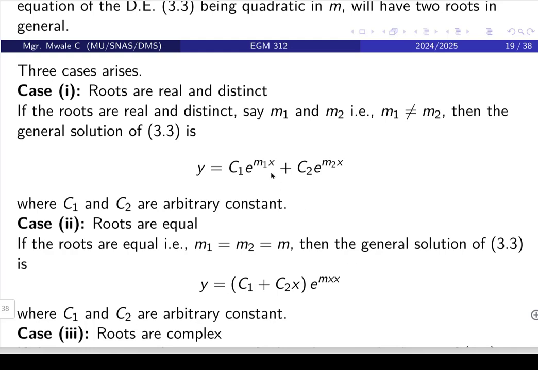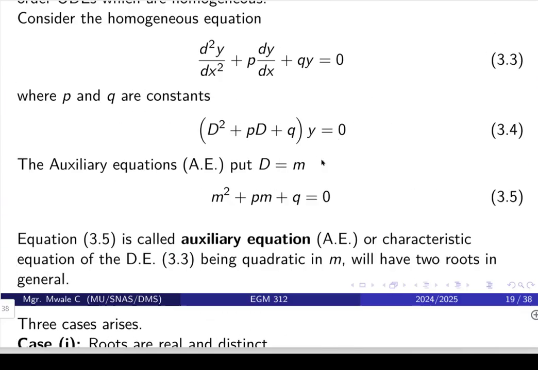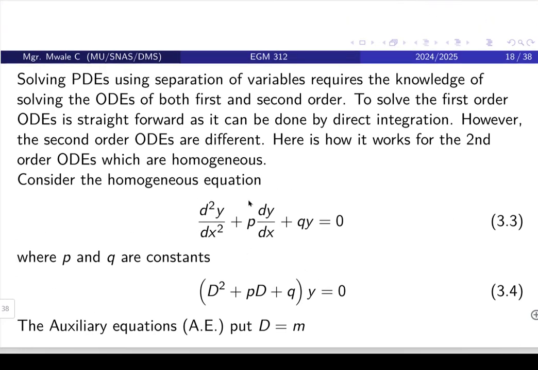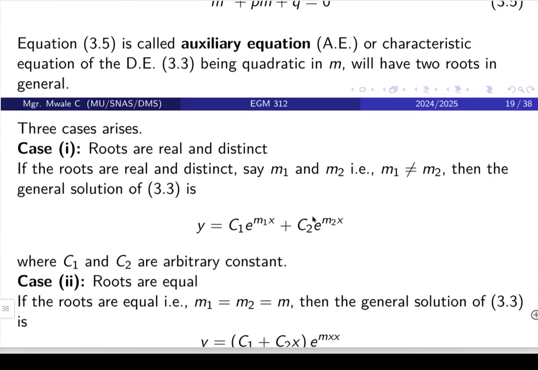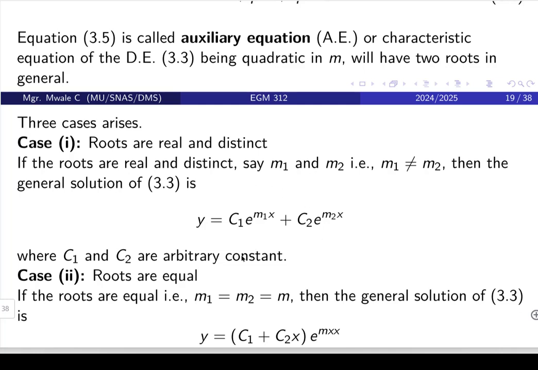If the auxiliary equation has two real distinct roots, then you expect the solution of this ODE to be this one here, where C1 and C2 are just constants, and remember M1 and M2 are roots of the auxiliary equation.